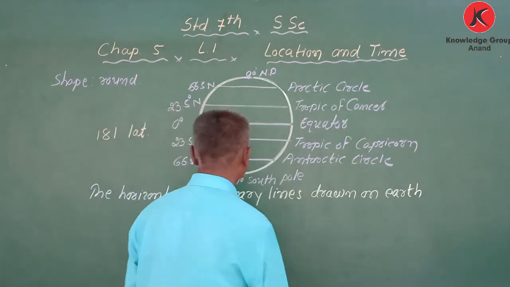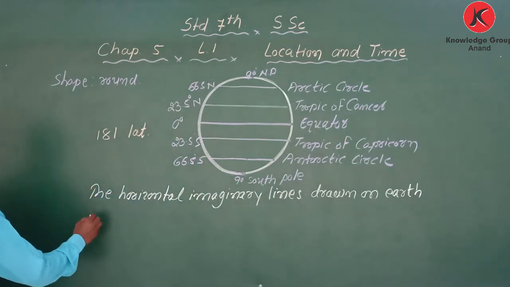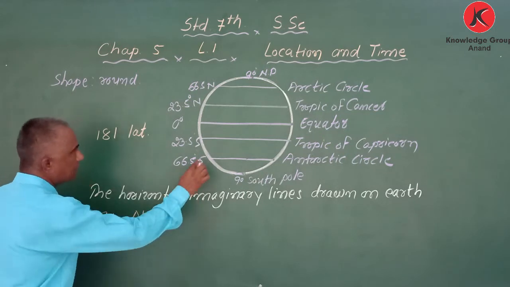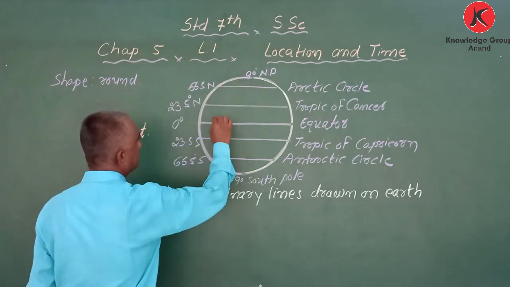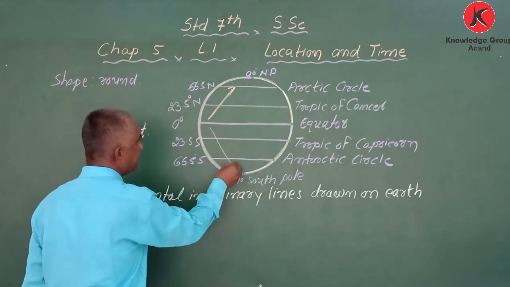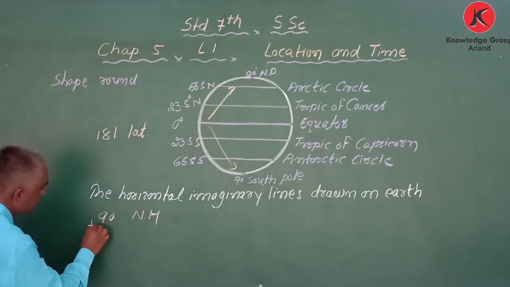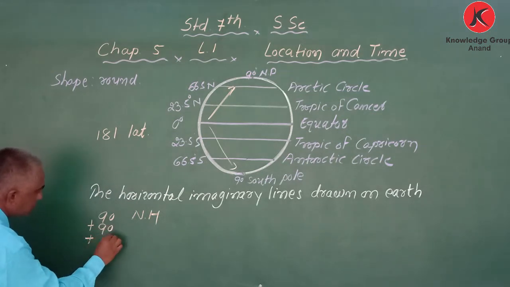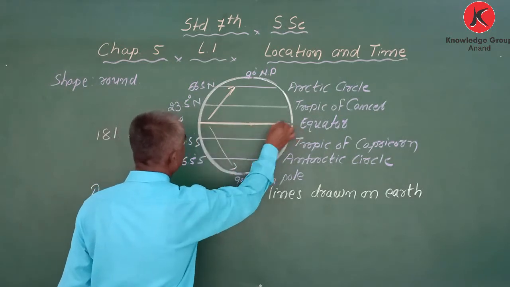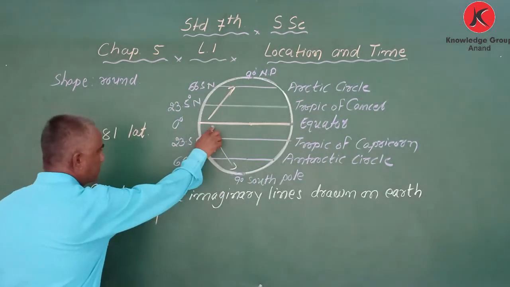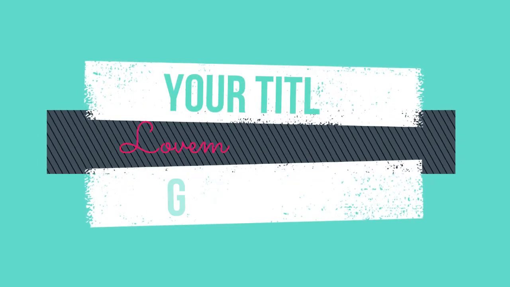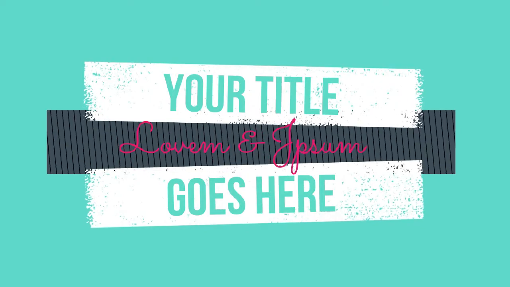I will tell you. 90 latitudes in the northern hemisphere, from 0 till 90, and 90 in the south. So 90 plus 90 and plus 1, the equator, so total 181 latitudes are there.